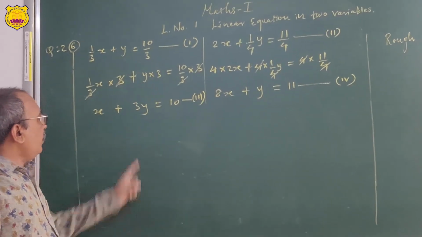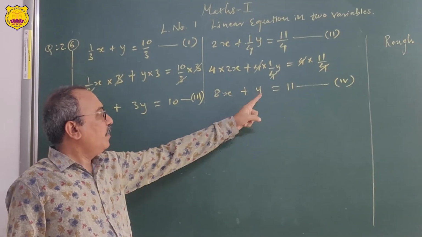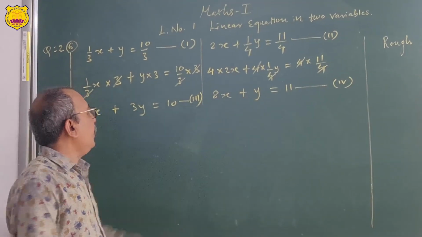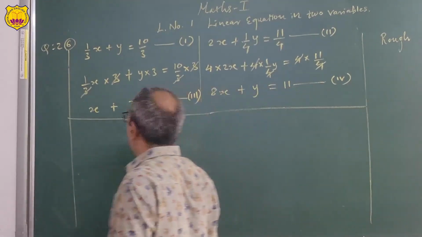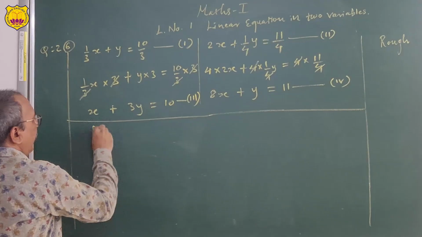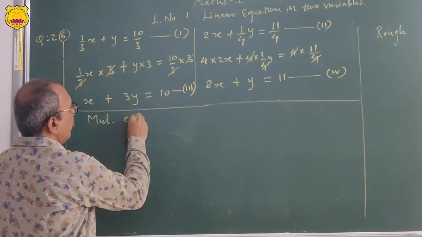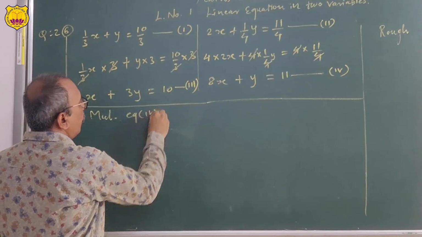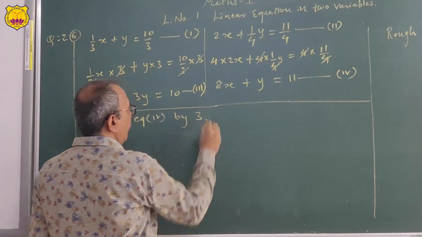So to make this 3y, what will we do? Multiplying equation 4 by 3. So from here we will write, multiplying equation 4 by 3.